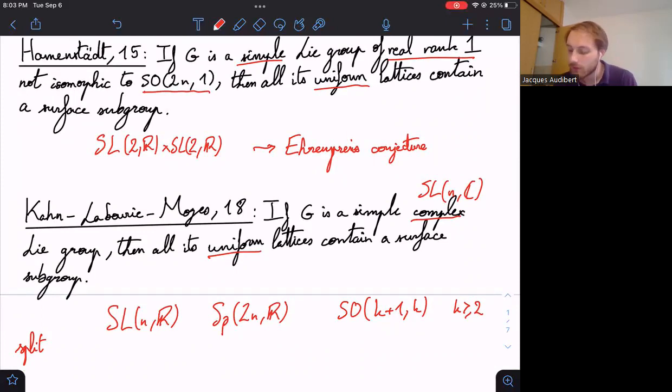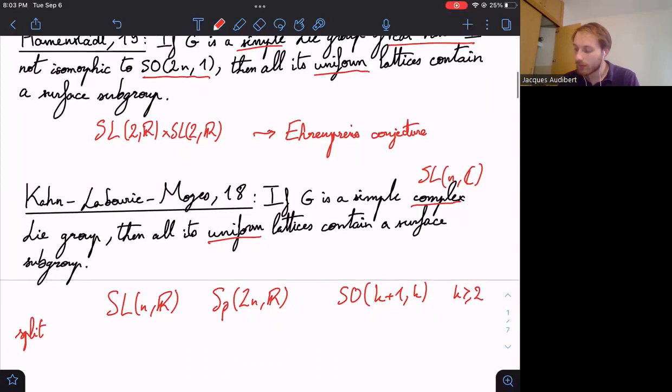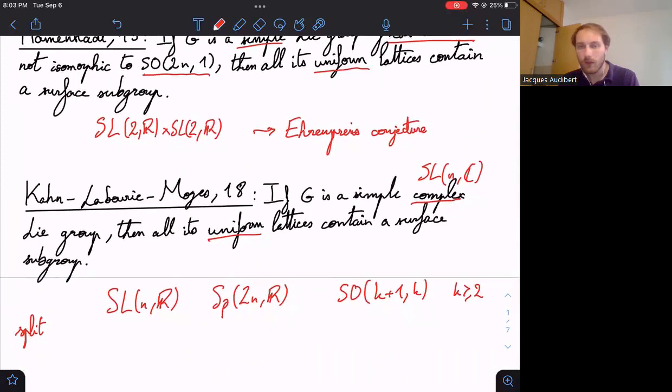I gave you the definition for SL_n(R), but for Sp_2n(R), it's a Hitchin representation in SL_n(R) whose image lies in Sp_2n(R). Same for SO(k+1,k). So there is a notion of Hitchin representation, and the question is, do lattices of those groups contain surface subgroups, and especially do they contain the image of a Hitchin representation?